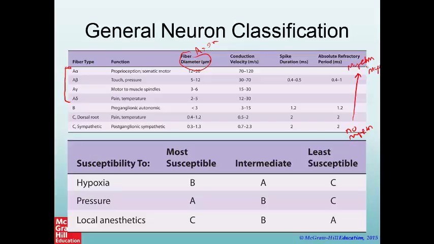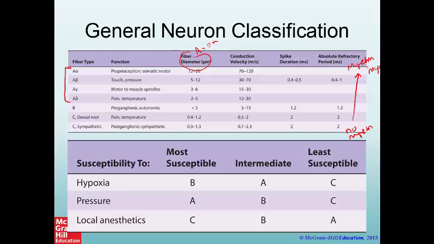A delta fibers are pain and temperature fibers. We'll talk about those. Again, they're smaller than the alpha, beta, or gamma fibers, and so they're going to have a conduction velocity that is less. The gamma and delta fibers are pretty close to one another. There's actually a little bit of overlap. The B fibers are preganglionic autonomic neurons.